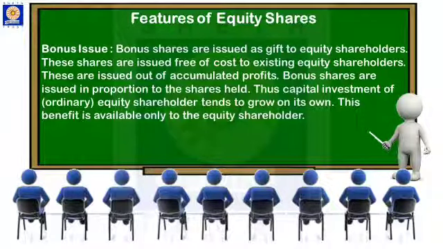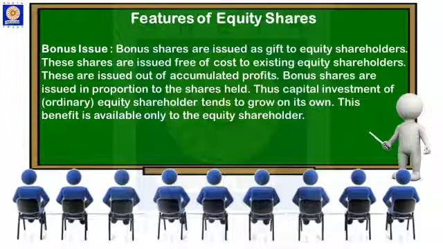Bonus shares are issued in proportion to the shares held. For example, the company can issue bonus shares in a ratio of 2:1. That means if a person holds 2 equity shares, he will receive 1 equity share as a gift. This benefit is only for equity shareholders.